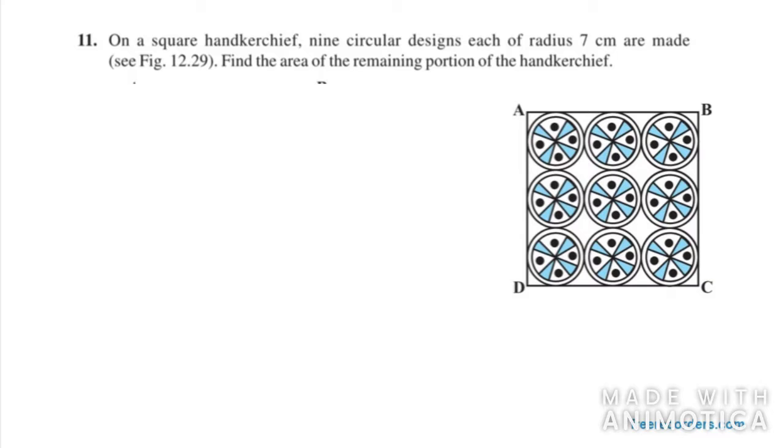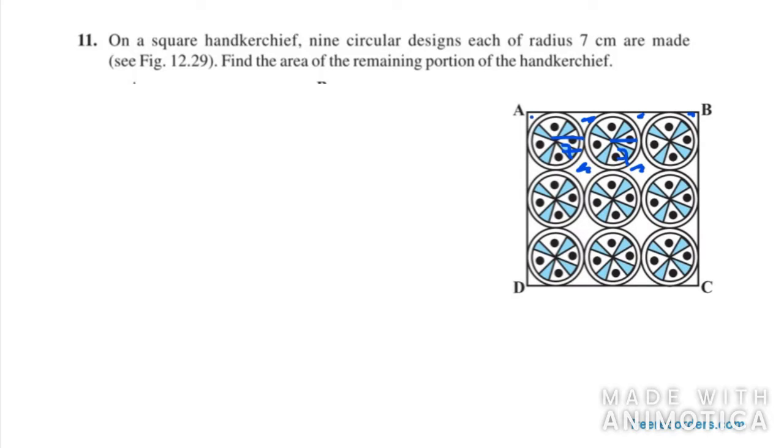Let's move on to question number 11. So on a square handkerchief, 9 circular designs each of radius 7 centimeter are made. Find the area of the remaining portion of the handkerchief. So radius of each design is 7 centimeter. We need to find area of the remaining portion of the handkerchief, means this part.